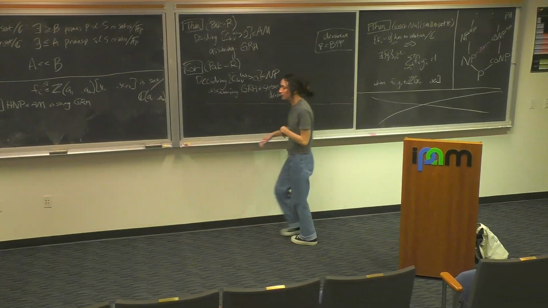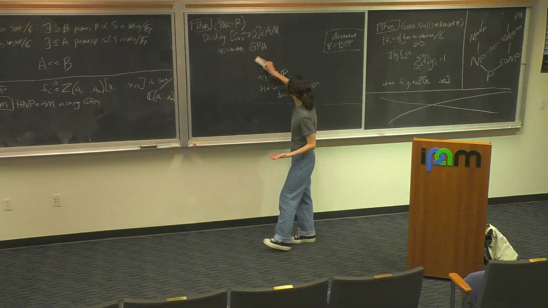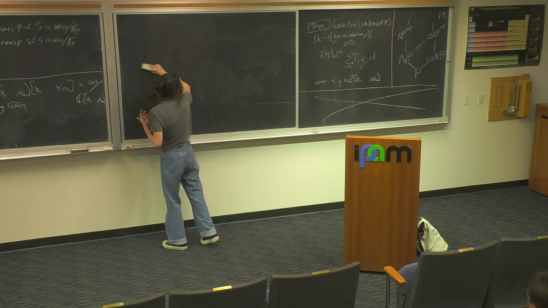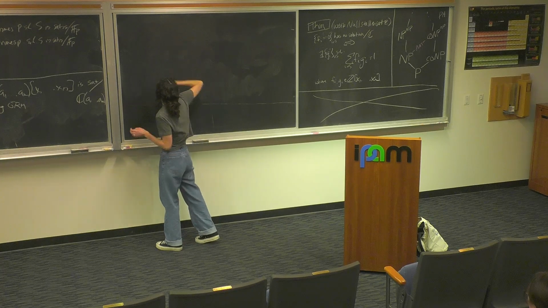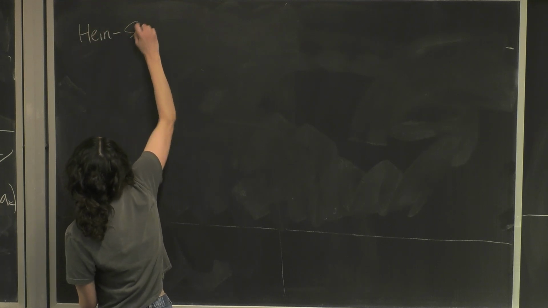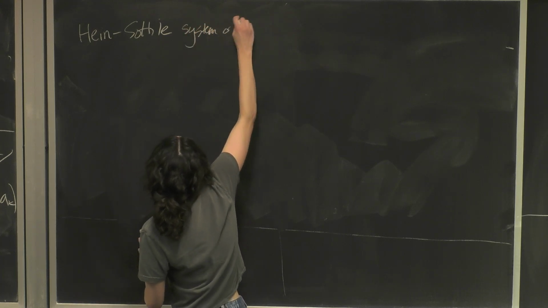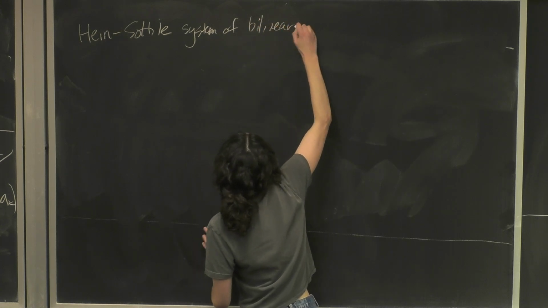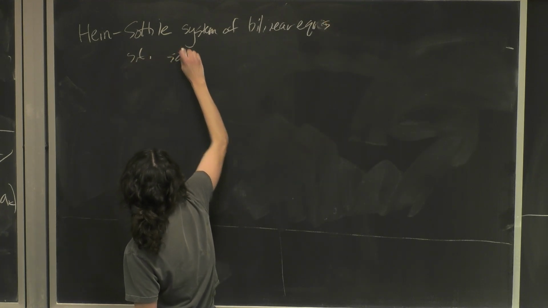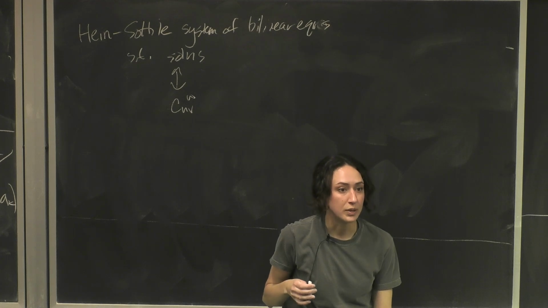And then the last ingredient, just finishing up, is how do we get a system of equations that is capturing this Schubert intersection? I don't think I'll write them down, but Nick Hein and Frank Sottile have specified a system of bilinear equations whose solutions are exactly in correspondence with solutions to the Schubert problem.